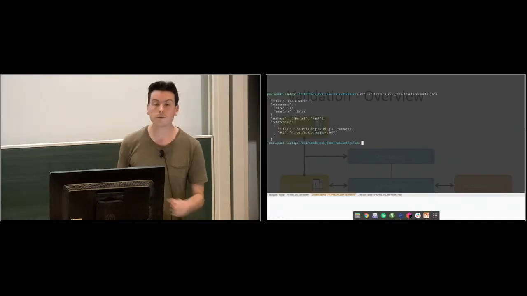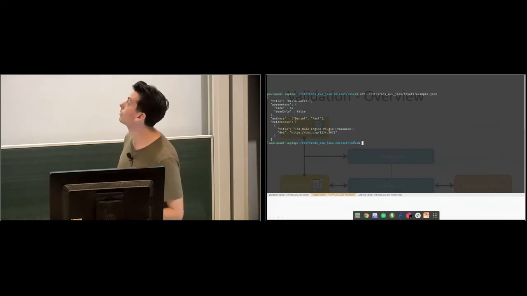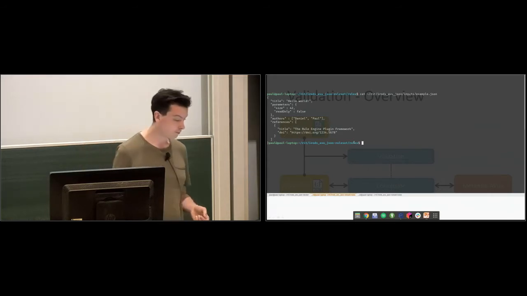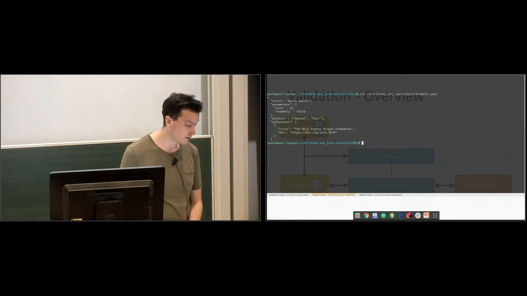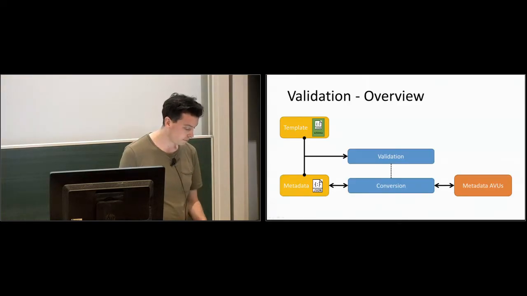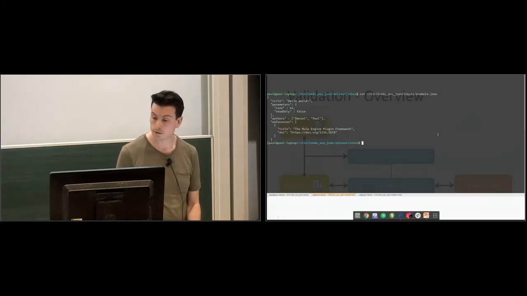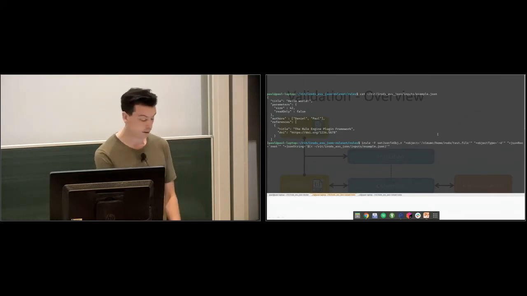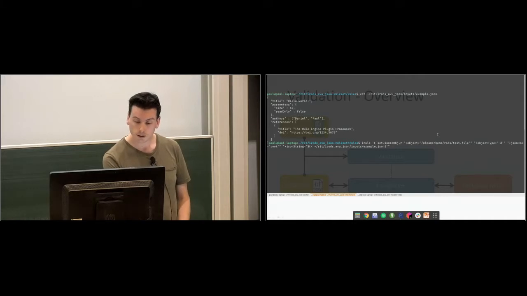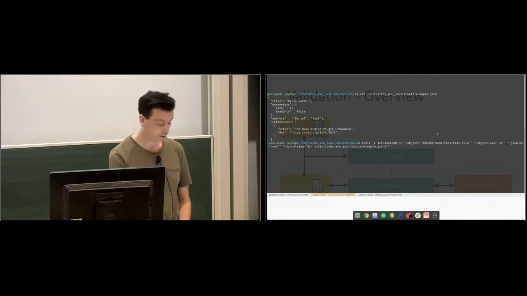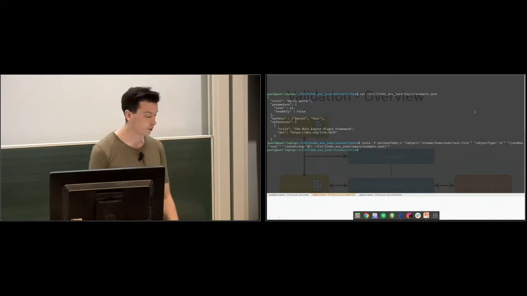So I've got this JSON example file. It's the same example as I just showed in the presentation. And then using the rule, I'm going to set this JSON to the object. So you've got the JSON string, which I've put here, the object type, and the test file that I'm going to put it on, and that's now there.